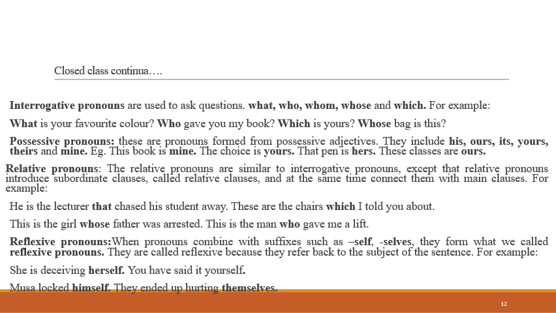Yourself, meaning the subject is singular. Therefore, yourself is going back to who? To the subject. Musa locked himself. The same thing. Then lastly, we have they ended up hurting themselves. Themselves here representing what? Plural they.